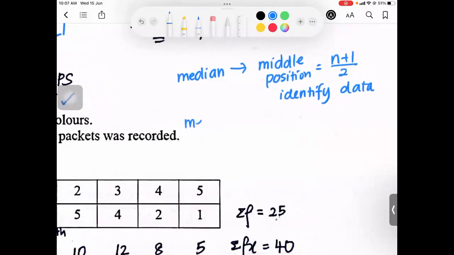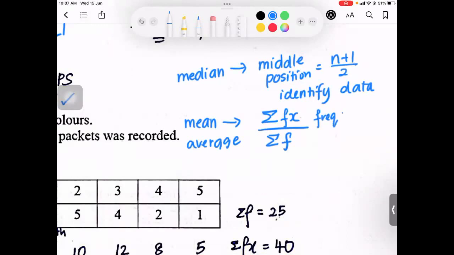For the mean, you take the average. If some of you cannot remember, mean is summation fx over summation f. What does this mean? It means you take frequency times the data value, and you add them together. Summation means to add.